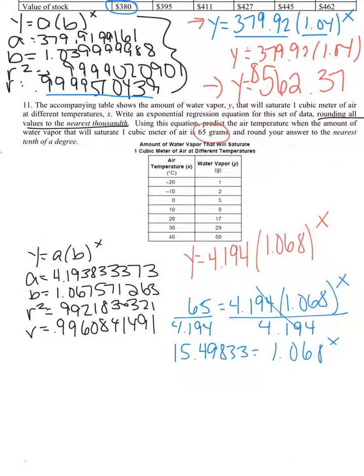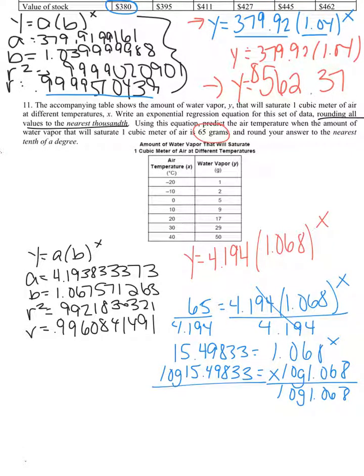So now I have log of 15.49833 is equal to x log 1.068. I divide both sides by the log of 1.068. And this one's rounded to the nearest tenth of a degree. So I get x equals 41.7.